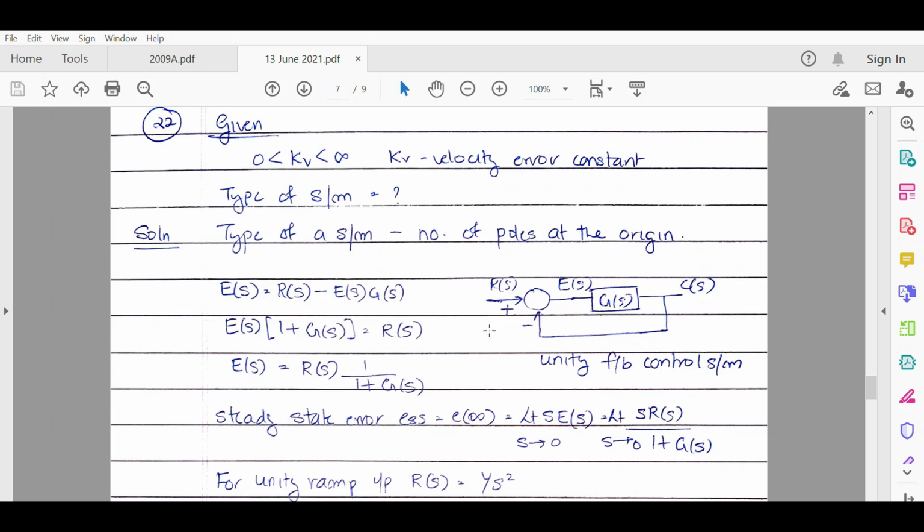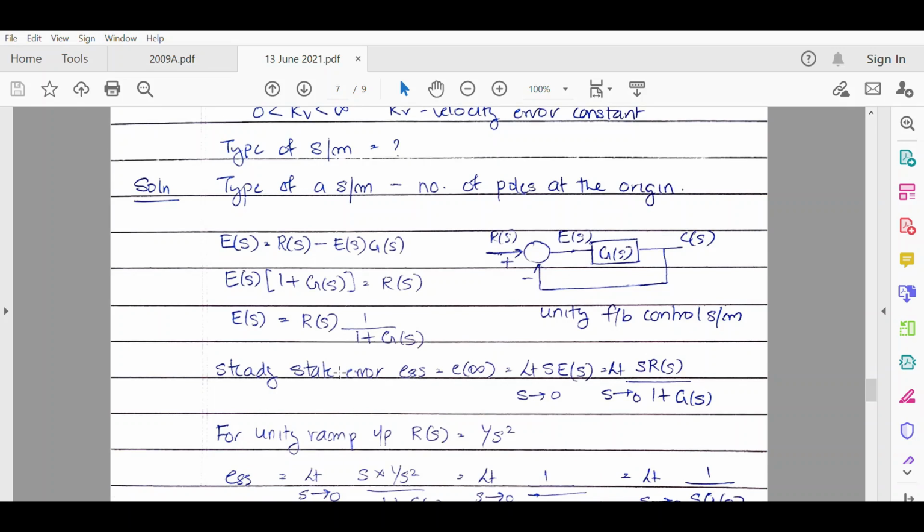Now from this we can come to this, which means that E of s into 1 plus G of s is equal to R of s. Now from this we come to this third step, which states that E of s is equal to R of s into 1 divided by 1 plus G of s.